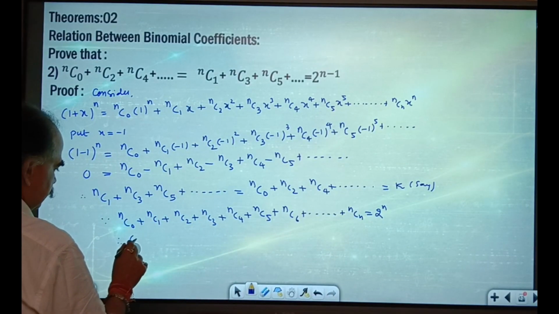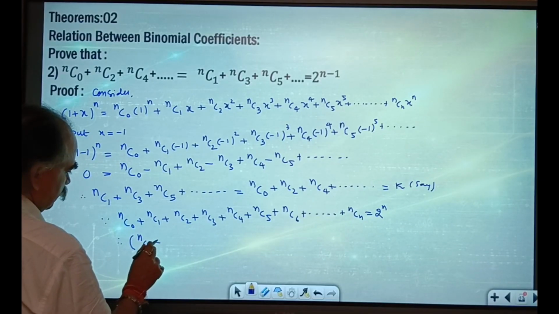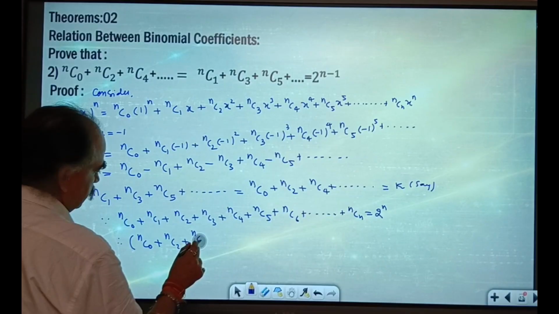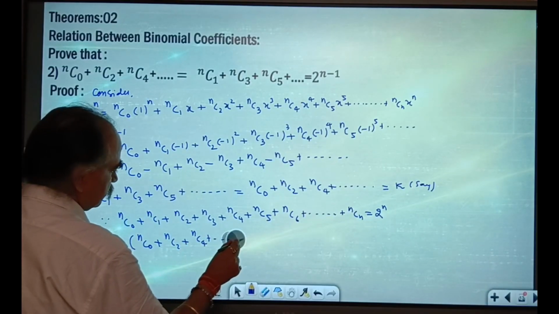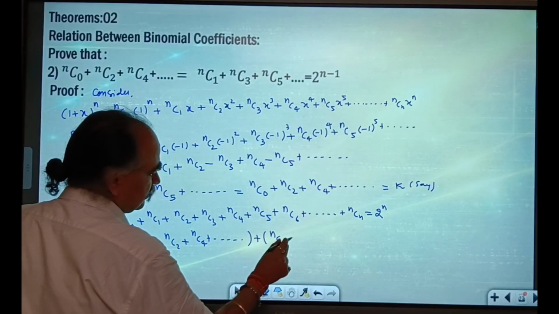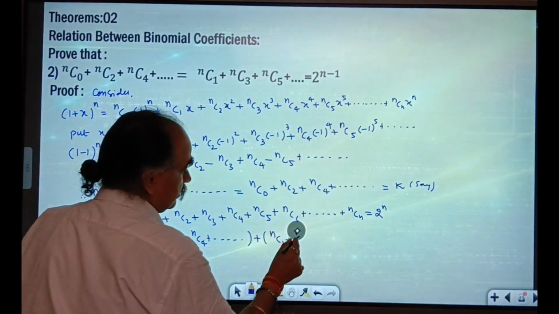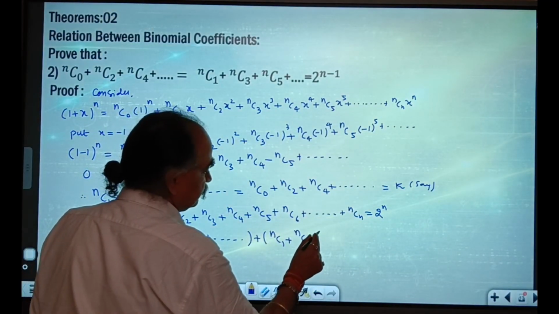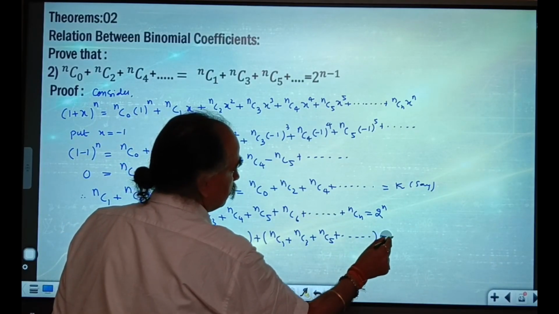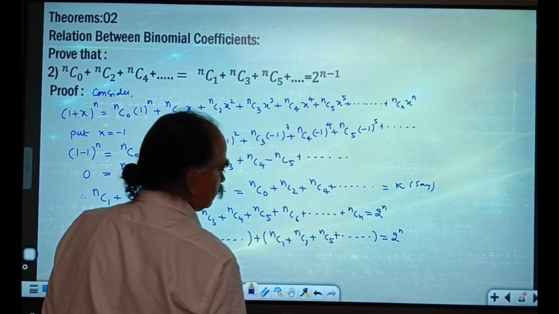Now we'll separate it. nC0 plus nC2 plus nC4, even terms we will write together, plus odd terms together, nC1 plus nC3 plus nC5 plus so on. Their sum is 2 raised to n.